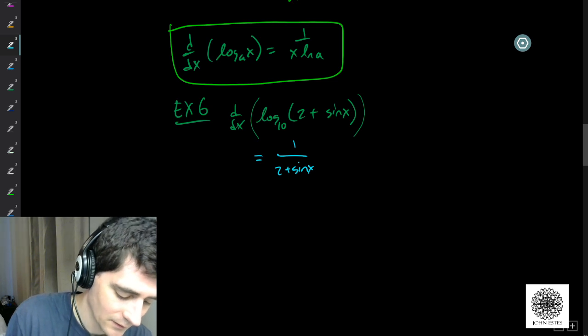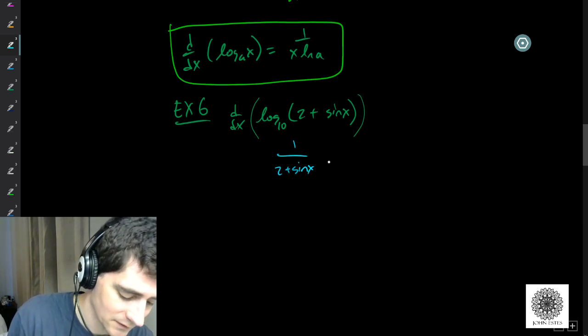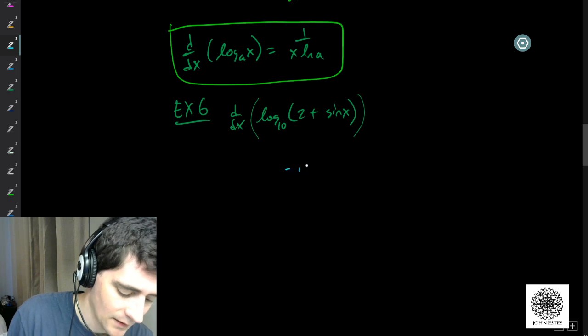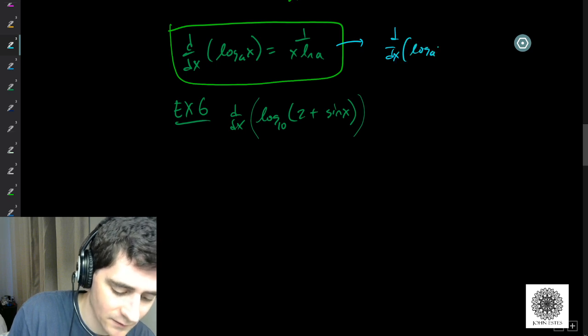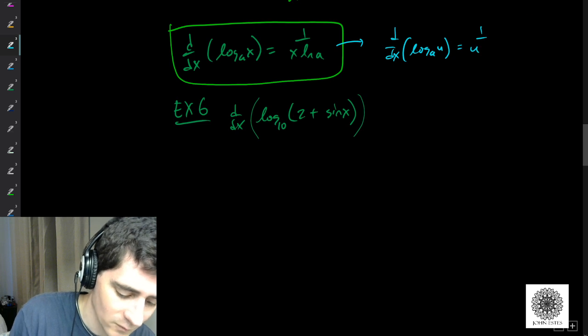So let's go ahead and multiply. Let me start over, and let me actually write what I'm saying here. The derivative with respect to x, if you have log base a of u, it's the same thing. You just have to apply the chain rule. That's 1 over u ln a times du/dx.